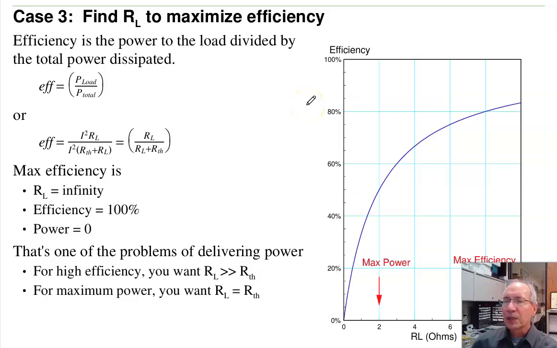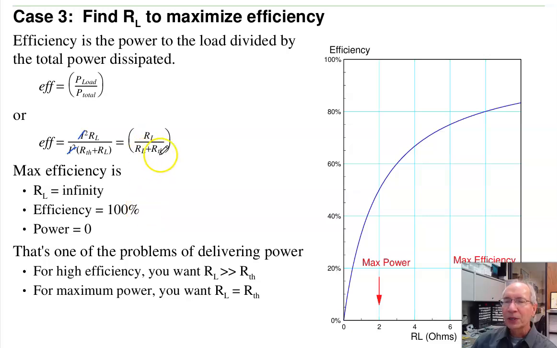Slightly different problem. What resistance at the load maximizes the efficiency? Well, efficiency is power to the load divided by the total power. That'll be I squared RL over I squared times (RL plus R Thevenin). I squareds cancel, so it's just RL over RL plus R Thevenin. The max efficiency is when RL equals infinity. There I'm at 100% efficiency.